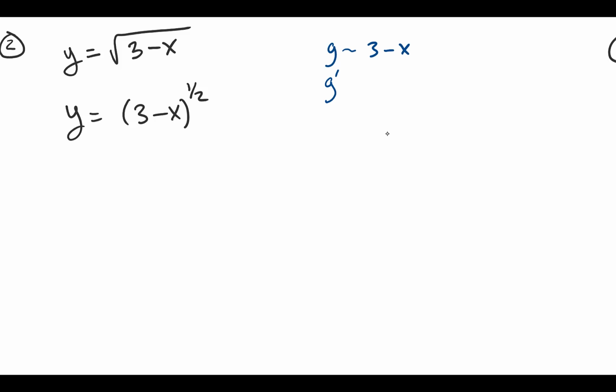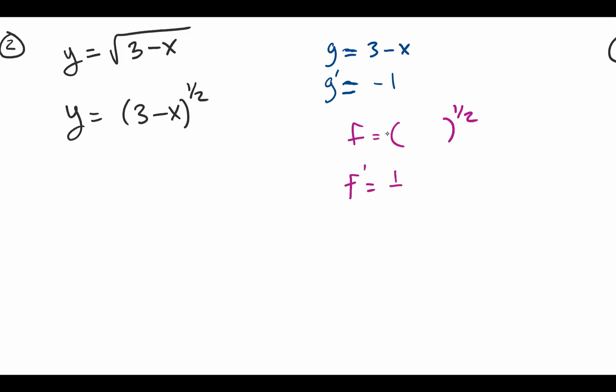Our g prime is negative 1, the slope of that line. And then our outside function, our f, is something to the 1/2 power. I don't even like writing a z or anything, because I'm not going to write it as I actually go through and do these problems.